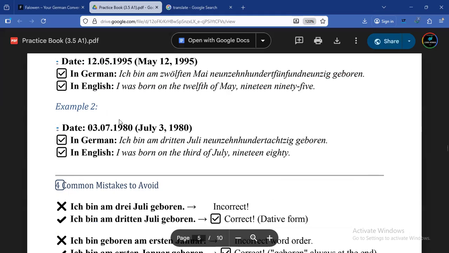And we have 3rd July 1980. So it's been written. You realize that when this is not there, it is just going to be written like here. And because of this, they added N to it. So it's going to be written dritten Juli 1980, 1980 geboren.